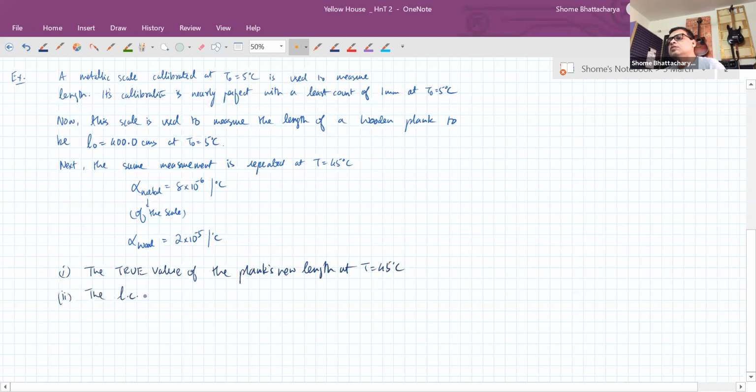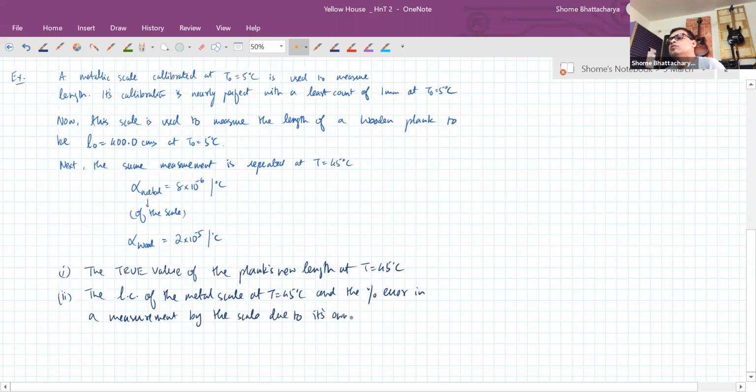Then the least count of the metal scale and the percentage error in a measurement by the scale due to its own expansion.